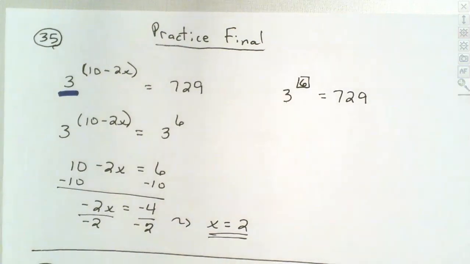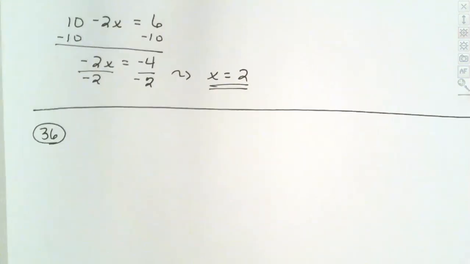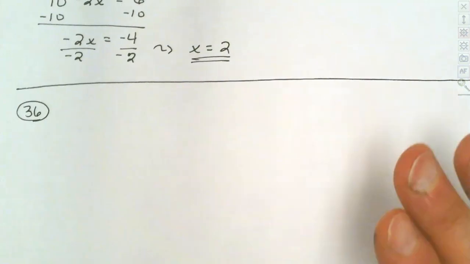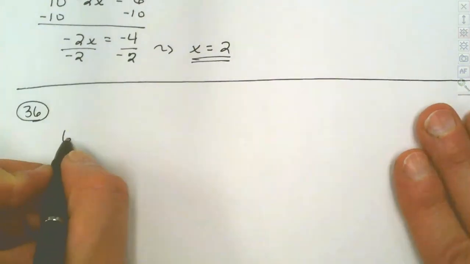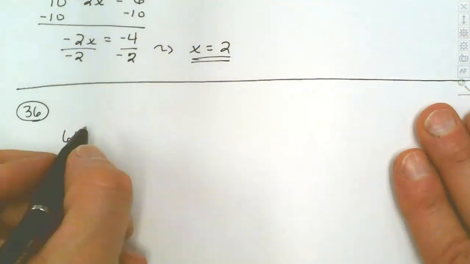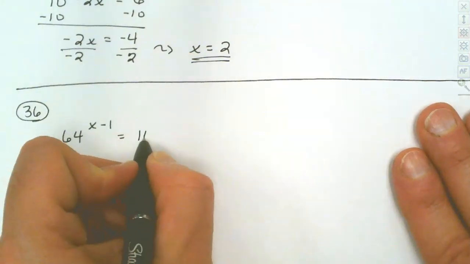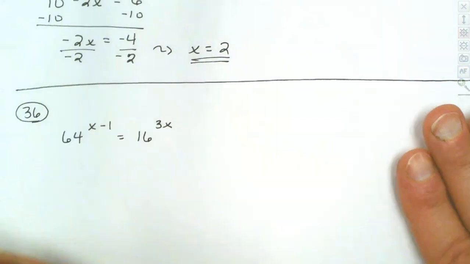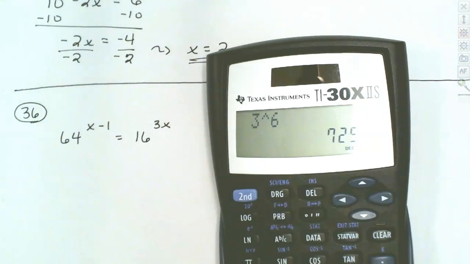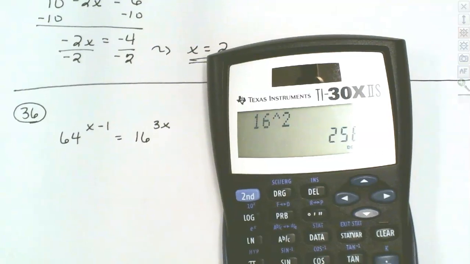Let's look at 36. We're going to have to transform both of these. Because if we just try the smaller one, well, 16 squared is 256.